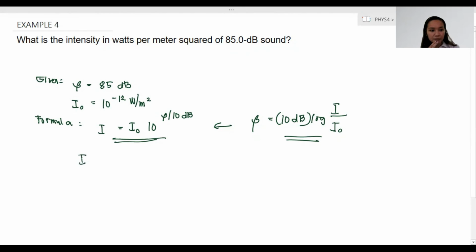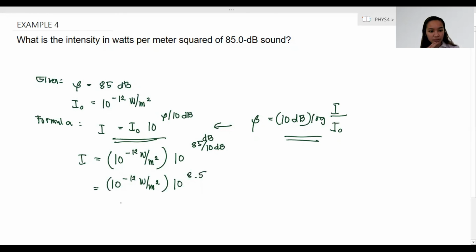Now I will plug in the values. This is 10 raised to negative 12 watts per meter squared, times 10 raised to 85 divided by 10, where 85 is in dB. So this will give us watts per meter squared times 10 raised to 8.5.